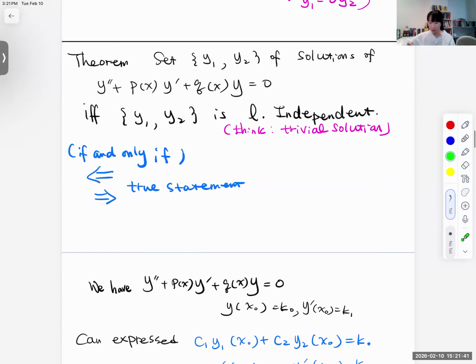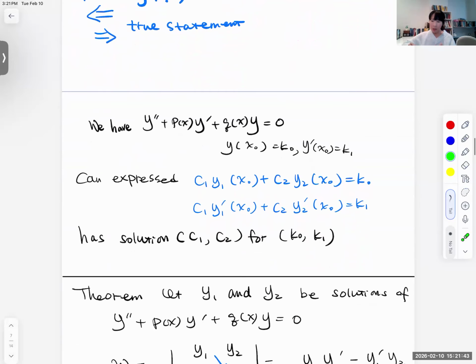Okay, now we have a lot of concepts here. We have a second order linear differential equation here, right? And then we have an initial value problem here. Now we can express it as a linear combination. This is a linear combination.